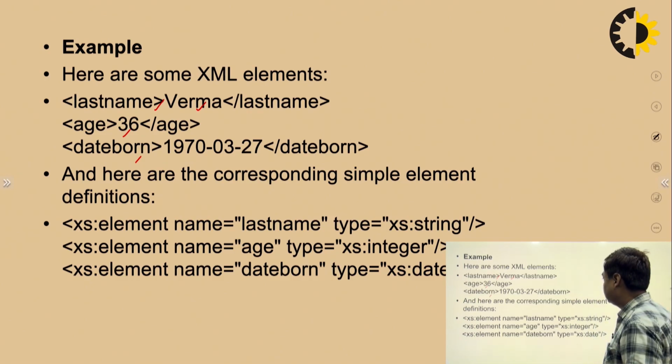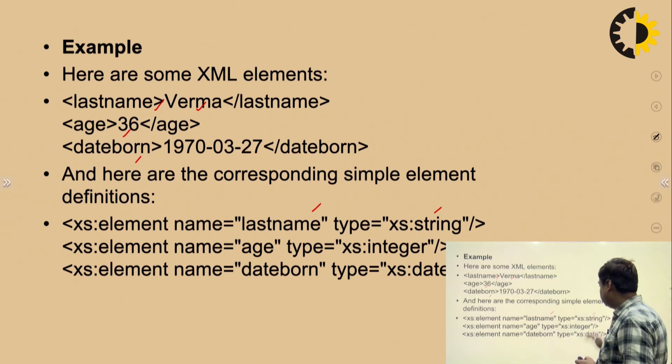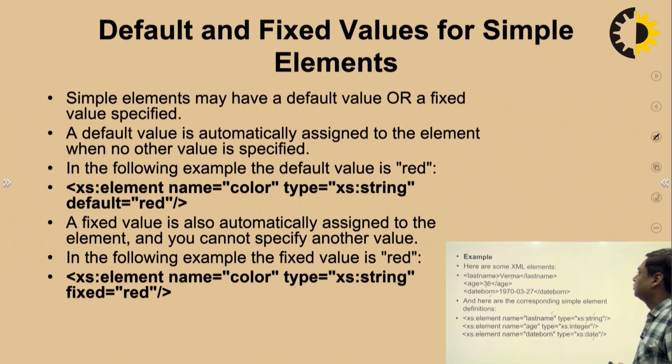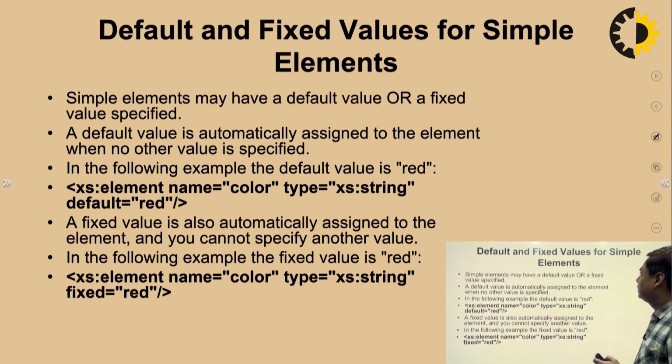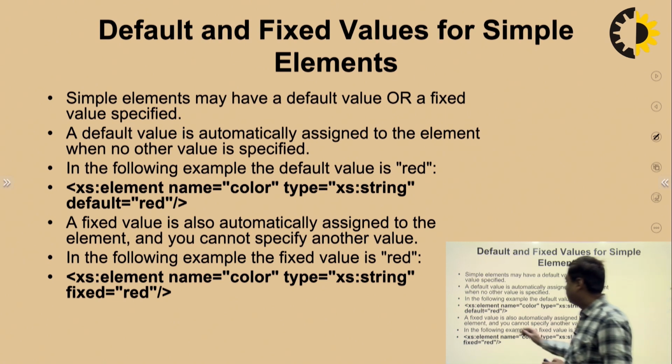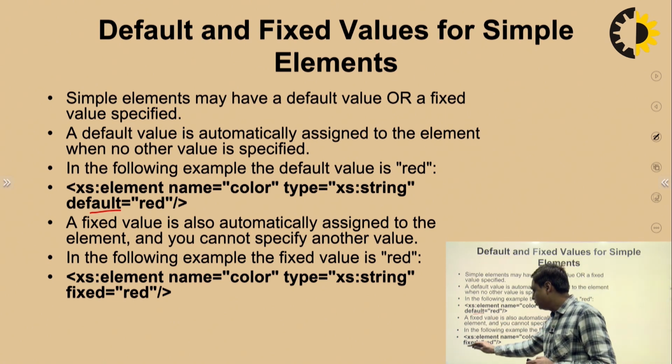For the last name we have defined string, for the age we have defined integer, and for the date we have defined date. You can give a default value with the help of default, as well as fix the value also.